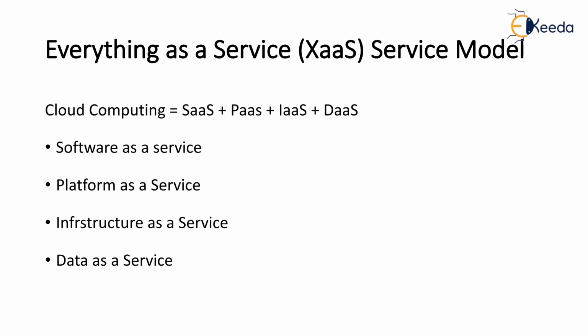Next we are going to see the cloud service models, that is everything as a service. Here cloud computing is formed into SaaS, PaaS, IaaS and DaaS. The cloud connects the devices, data, applications, services, business and persons.